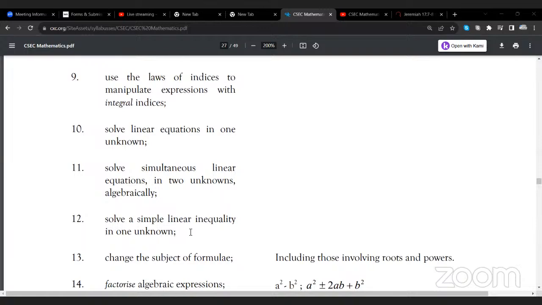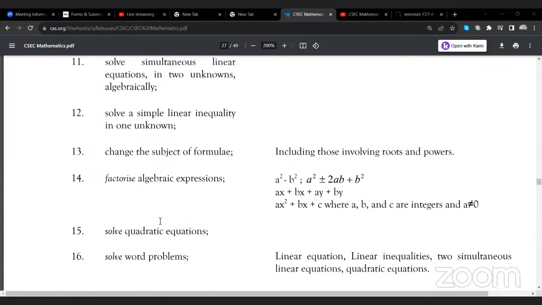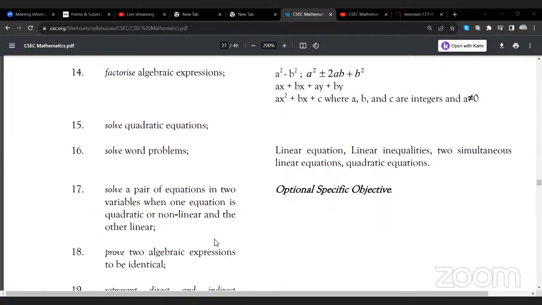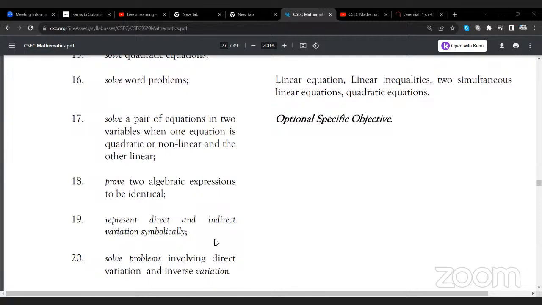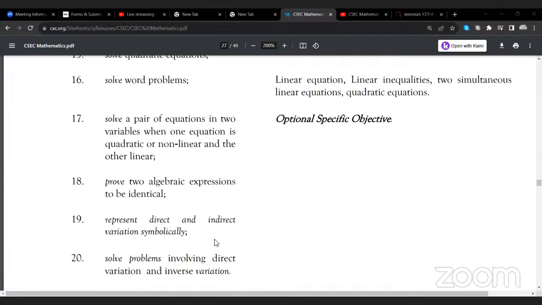And we can do all of this using our manipulatives. Change the subject of the formulae, factorize algebraic expressions, solve quadratic equations, and solve worded problems. And the list continues. And of course, in section 2 of the exam question, you'll need to solve a pair of equations in two variables when one equation is quadratic or non-linear and the other linear.